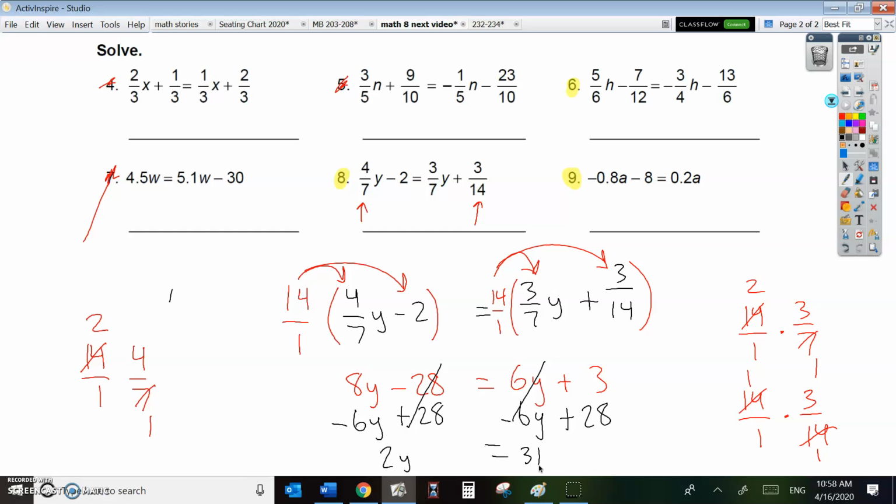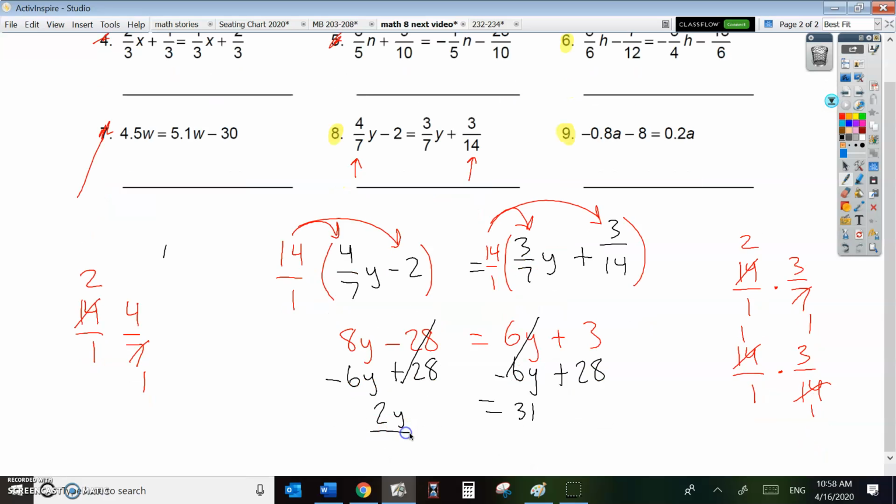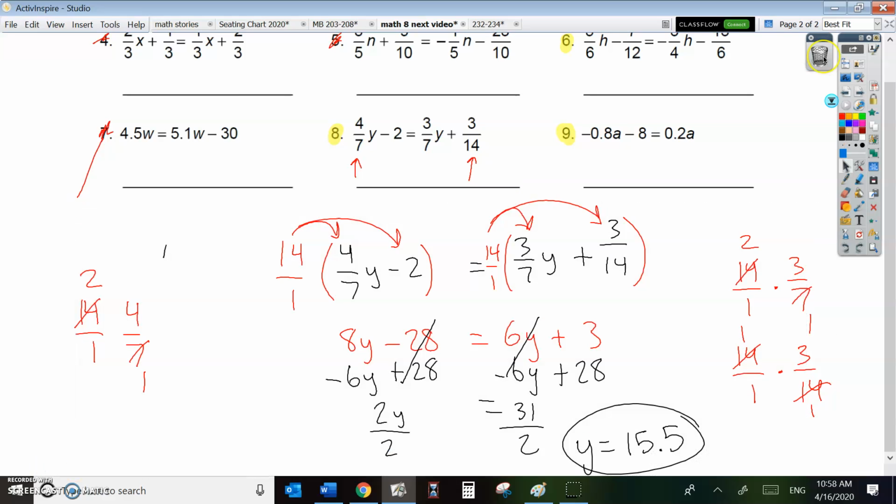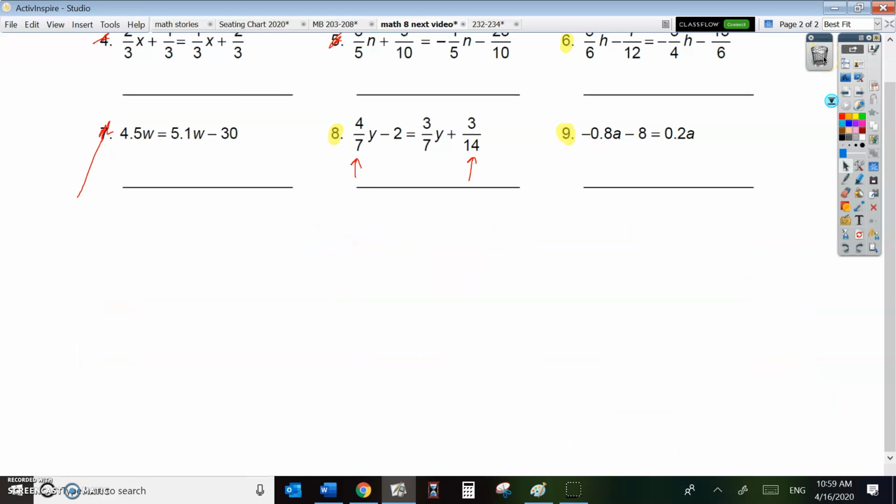So that'll be divided by 2, and y equals 15.5. Okay, let's clean this off and do that last problem. So you should work problem number 9 and then check and see how you did.